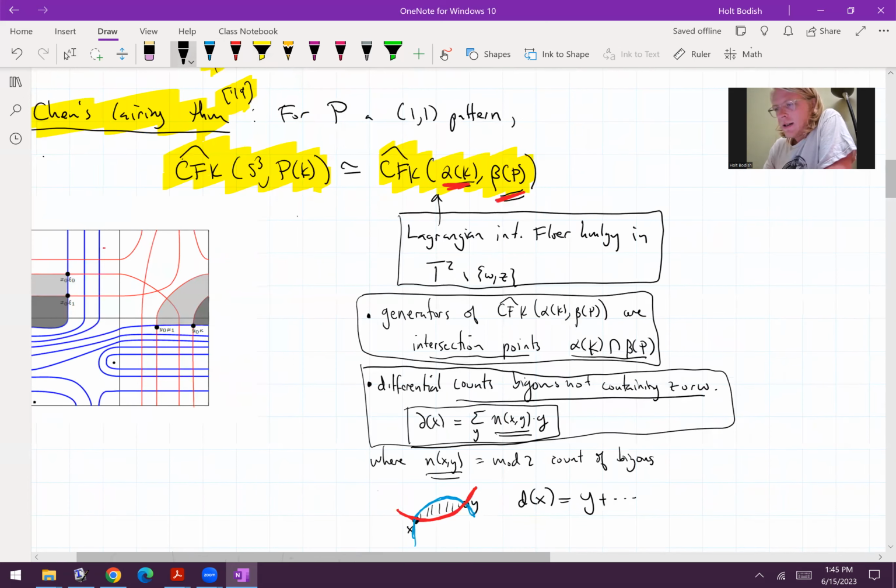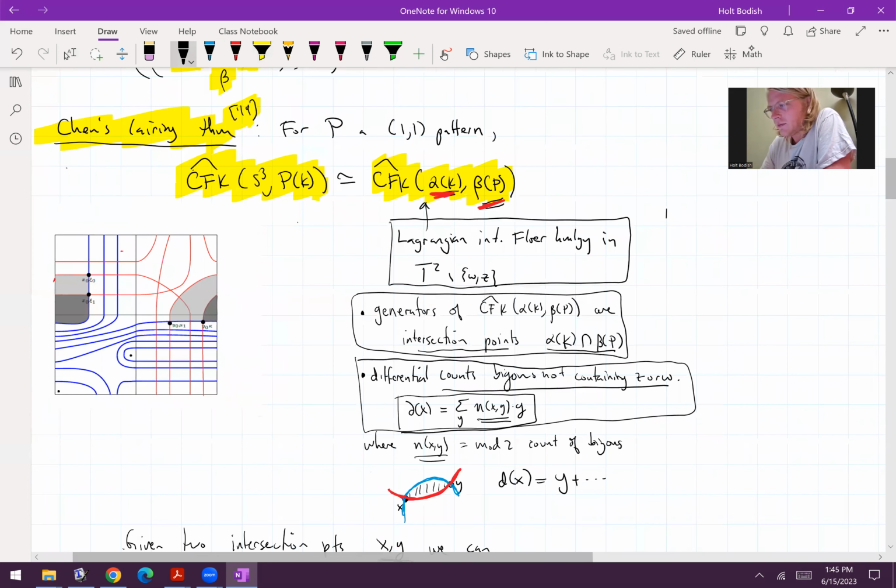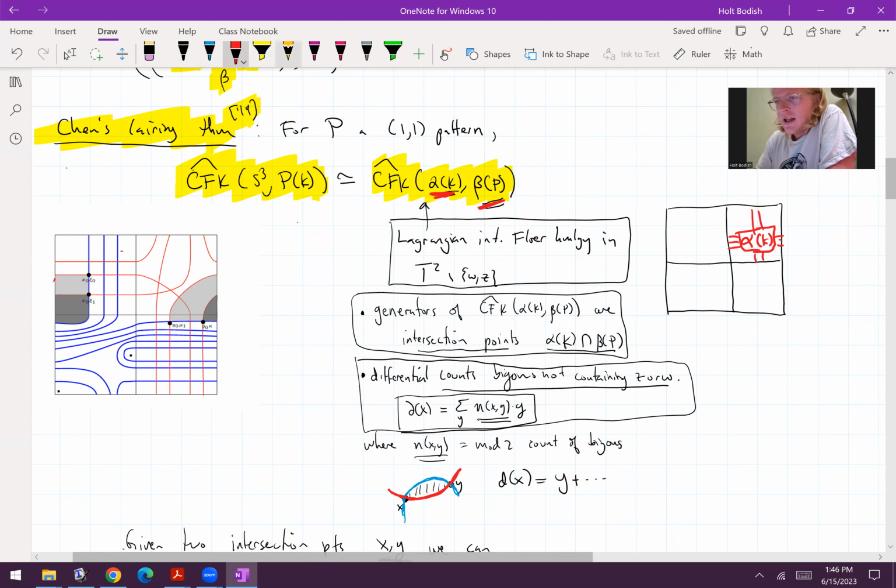I take the torus, and I divide it up into 4 quadrants, and I put the alpha curve in the first quadrant, and I put the beta curve in the third quadrant, and I extend those curves into the second and fourth quadrant where they will intersect in some number of points.